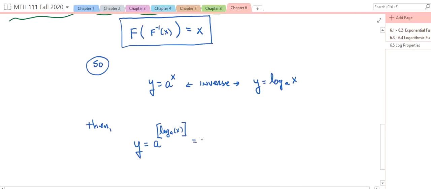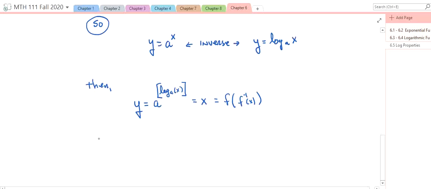The answer then is just x, because this is just f of f inverse of x. So that's true. And likewise, for a similar reason, this is true.